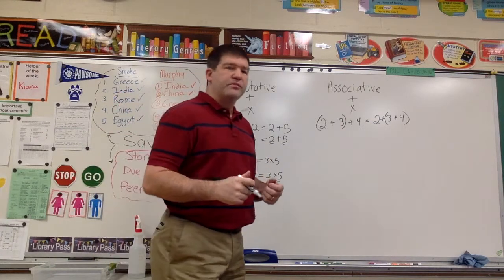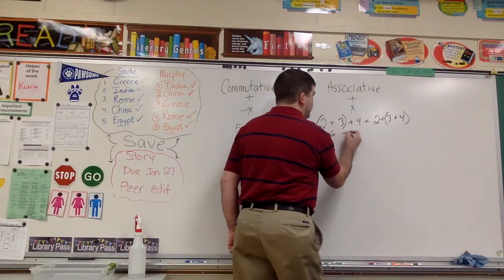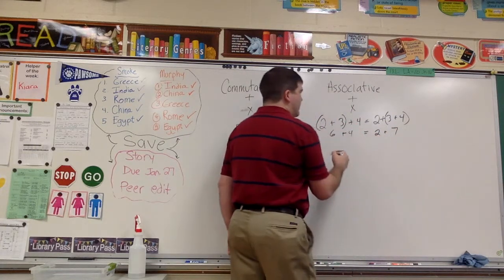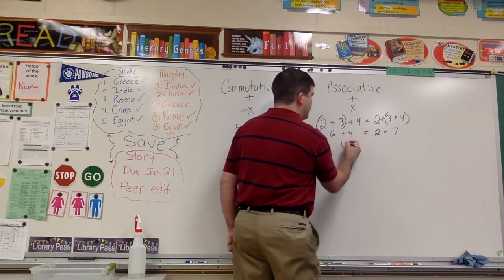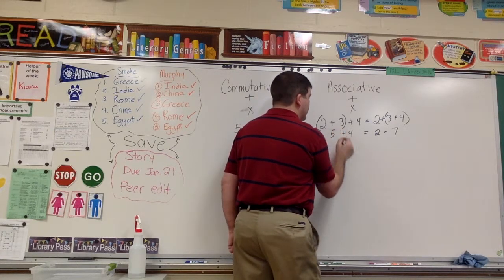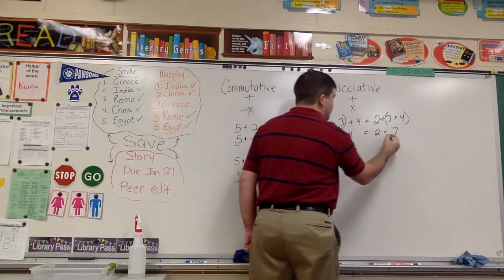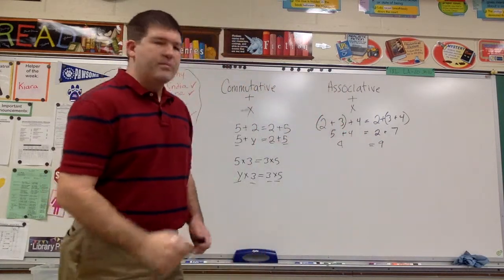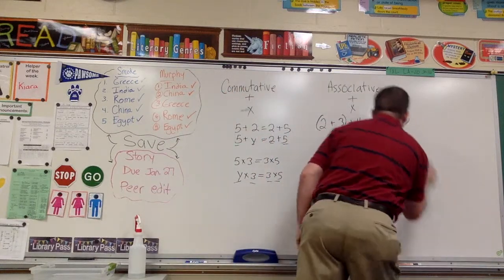Okay, it doesn't matter which you do first. In this case, I could do 5 plus 4 equals 2 plus 7. Wait a minute, you got to add correctly. 5 plus 4 is 9, 2 plus 7 is 9. See, it doesn't matter which one you do first, you're going to get the same answer.